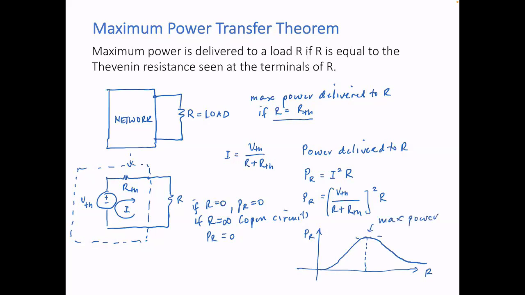And that happens when this value is RTH. You're taking up calculus now. What you can do is get the derivative of P of R with respect to R, equate that to 0, and you're going to find that that happens when R is equal to RTH.